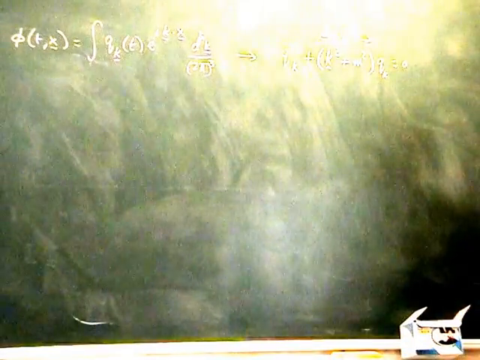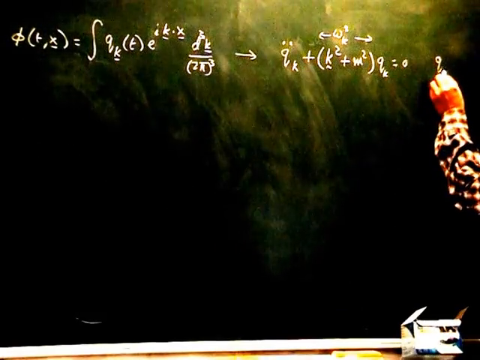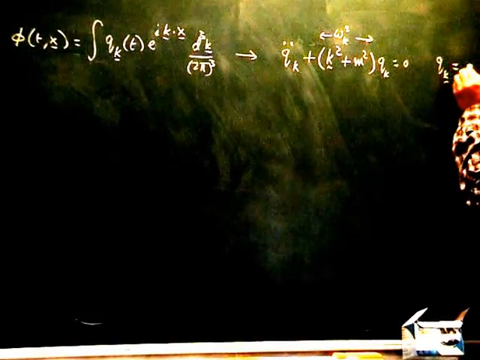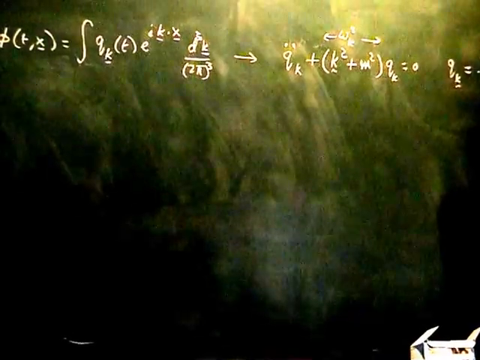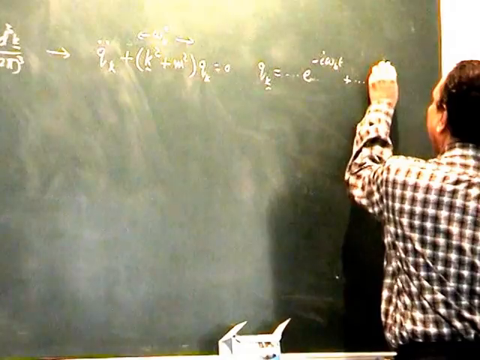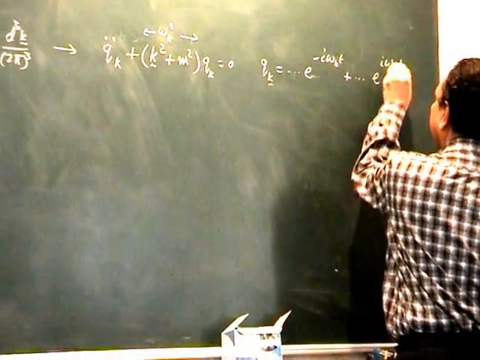So the solutions are just qk equals something e to the minus i omega k t plus something else e to the i omega k t.